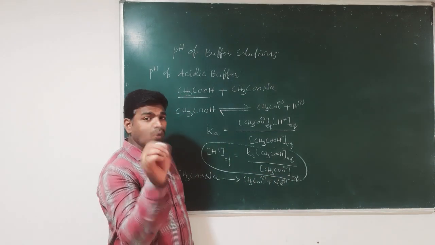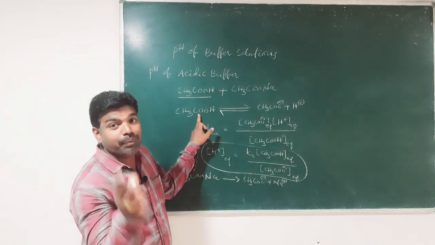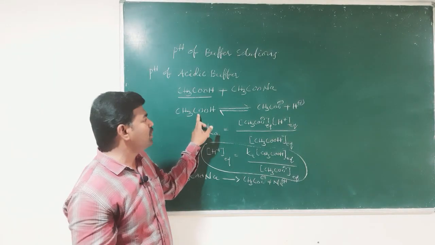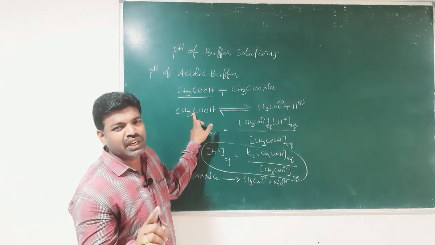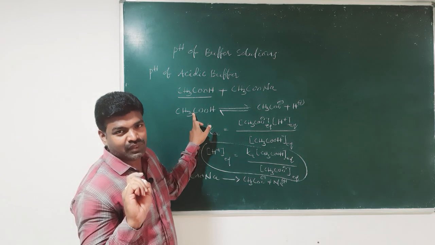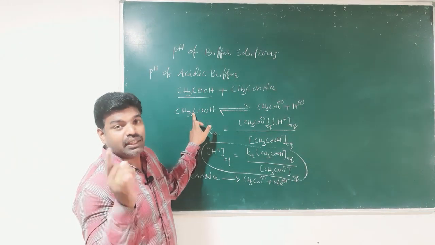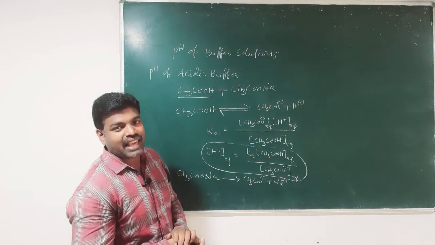I already told you that acetic acid undergoes incomplete ionization. For example, if you take 100 acetic acid molecules, only 1 or 2 molecules undergo ionization. That's why we call acetic acid a weak acid.